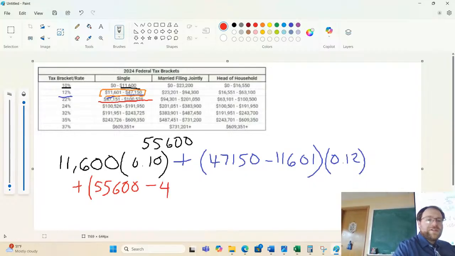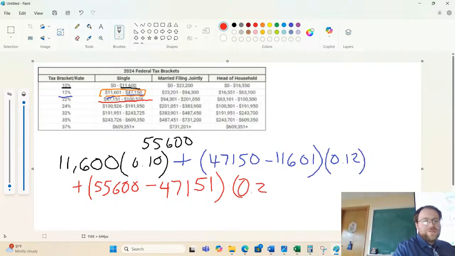So 55,600 minus the 47,151 times, in that case, 0.22 for 22%.